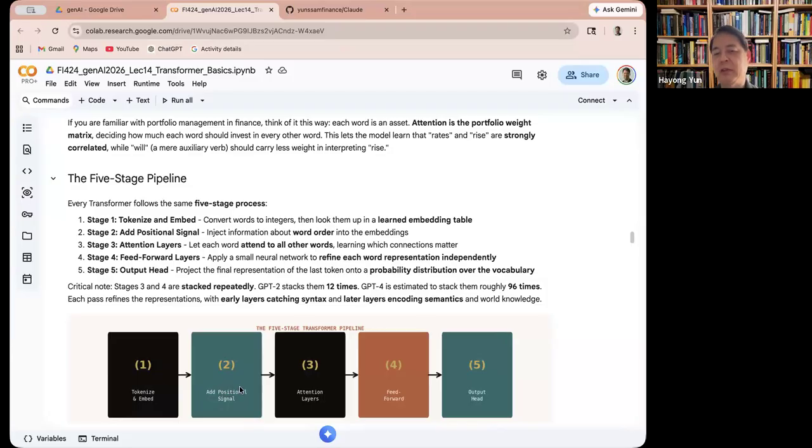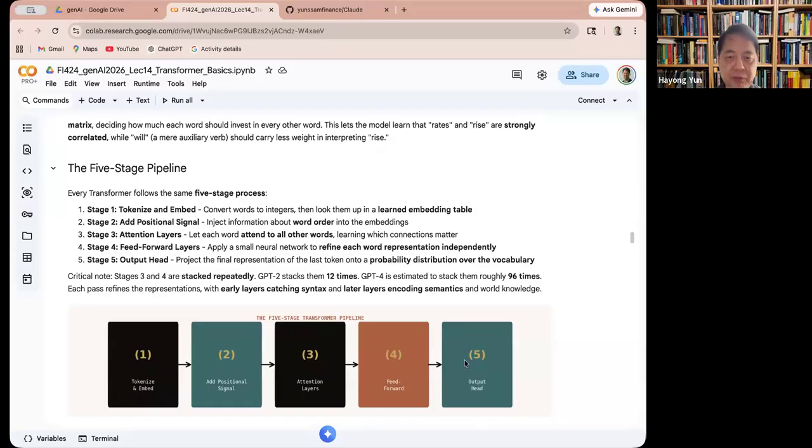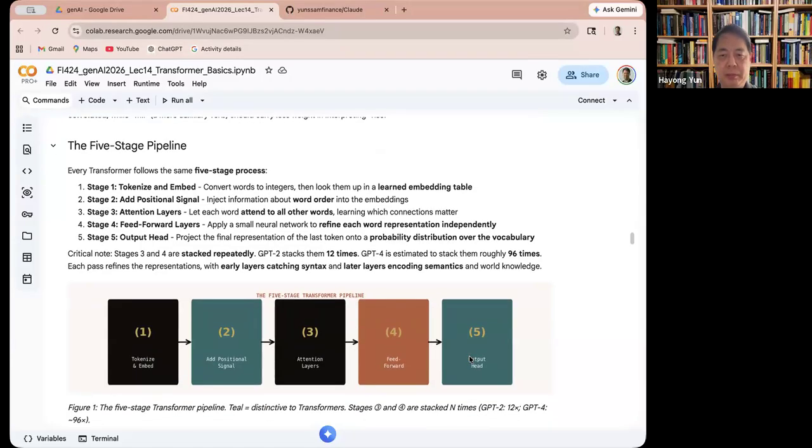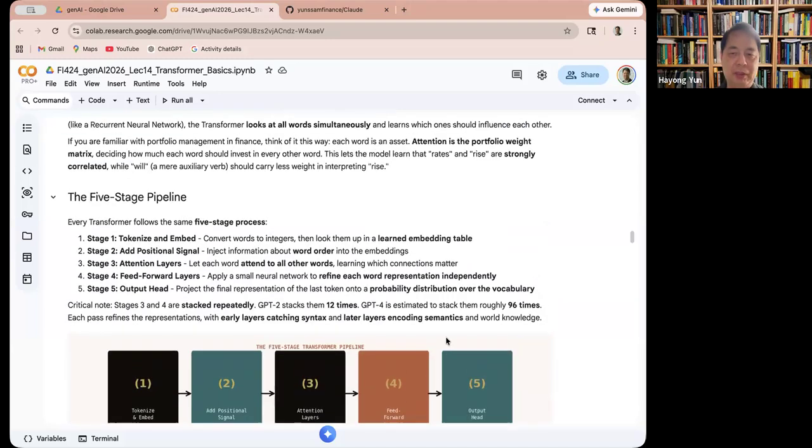That is very different from traditional natural language processing like the bag of words model, where they just count the words and order is forgotten. Then we have the attention layer, which gets the correlation between pairs of words, which are most relevant. Then we have a feed forward layer, and then the output head to get the probability distribution over the vocabulary of what might come next.